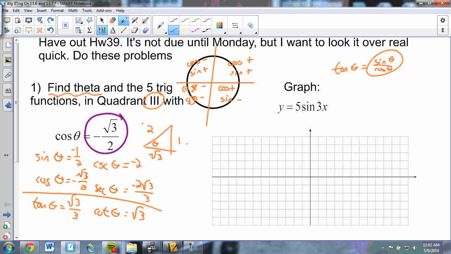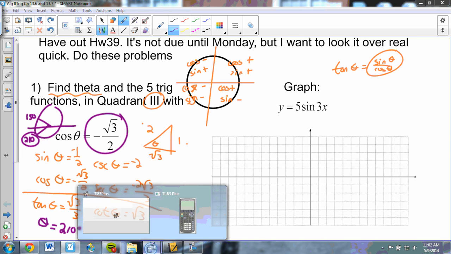Negative root 3 over 2 happens at 150 and at 210. That's where the cosine of theta is negative root 3 over 2. Since we're in quadrant 3, we know it's this one. So theta equals 210 degrees.